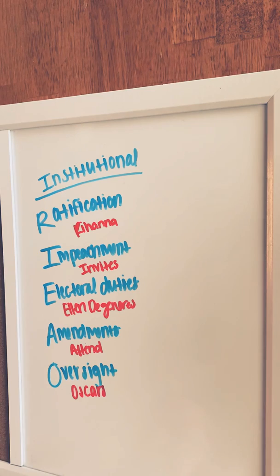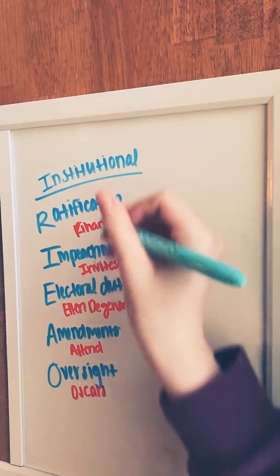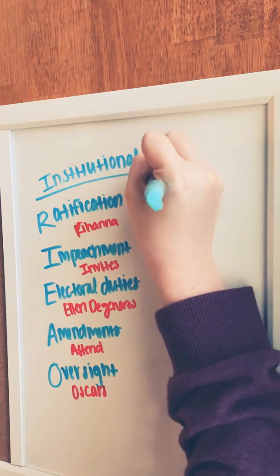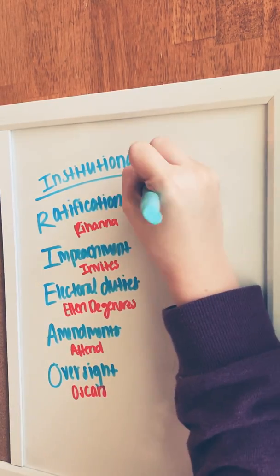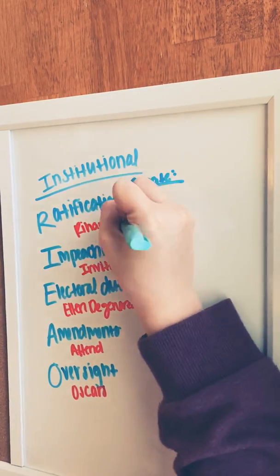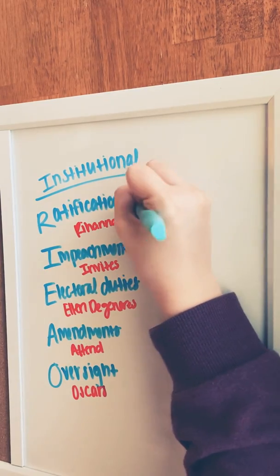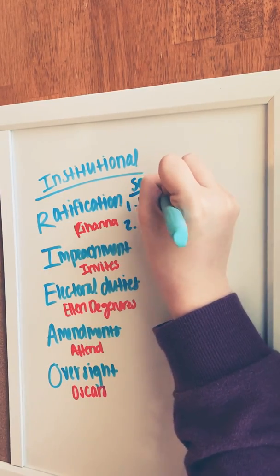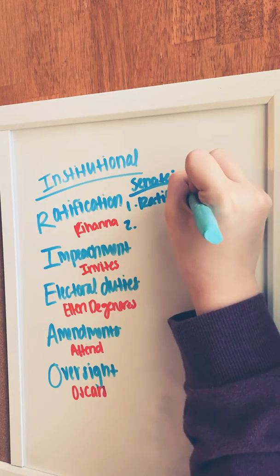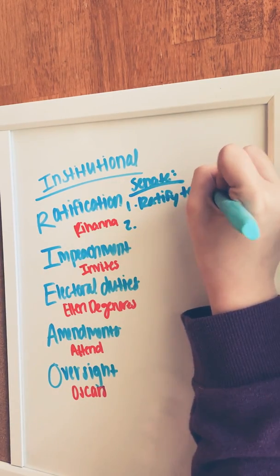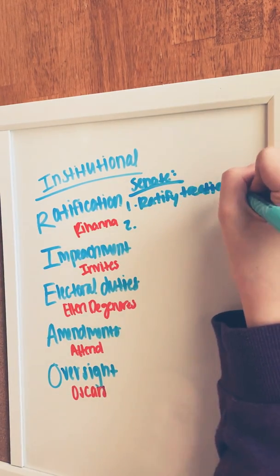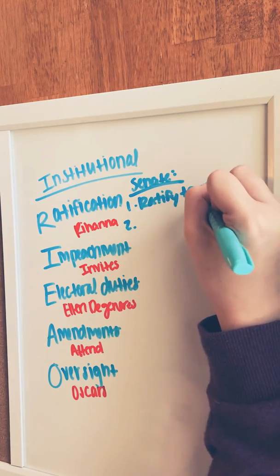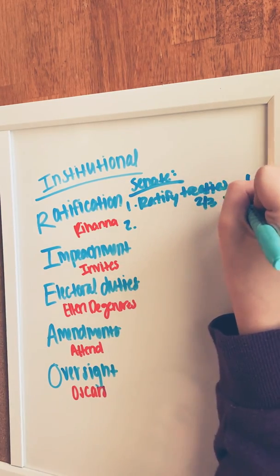So what ratification really means in this context of institutional powers is really the Senate's powers in this case scenario. All right, so there's 1 and there's 2. So number 1, they ratify treaties with 2/3 vote.